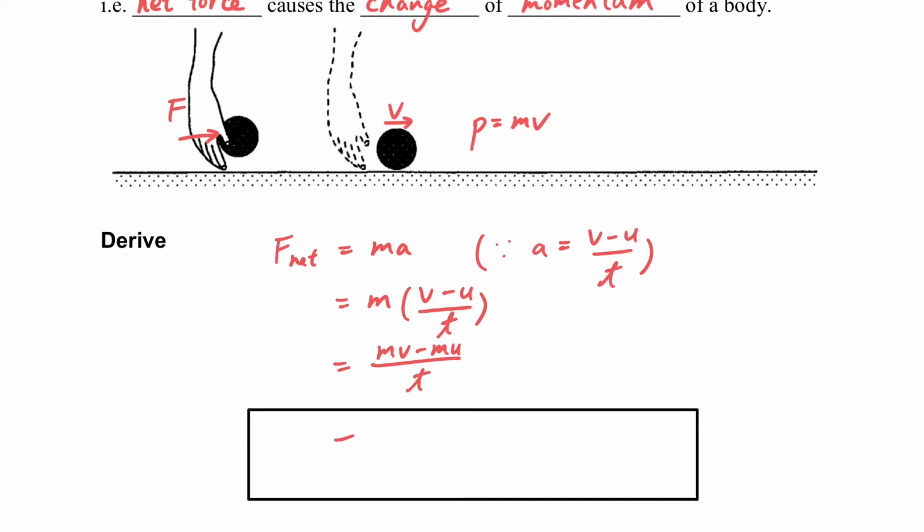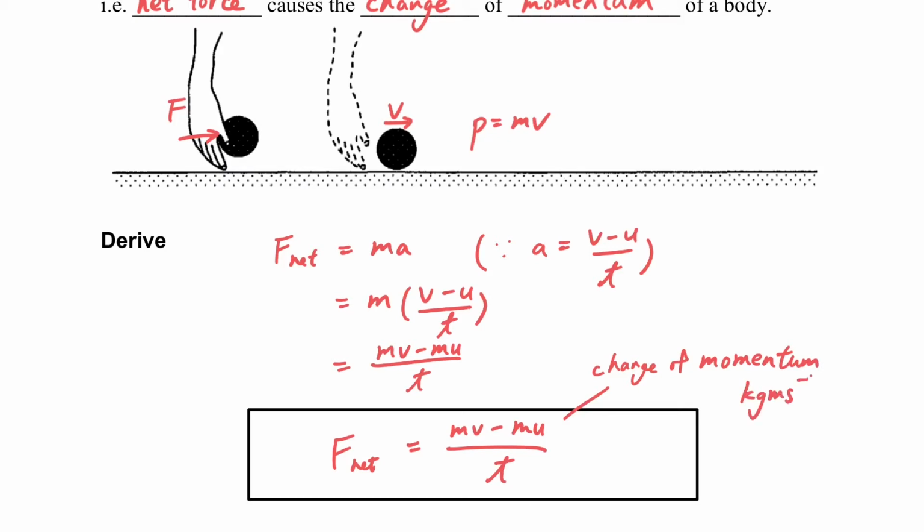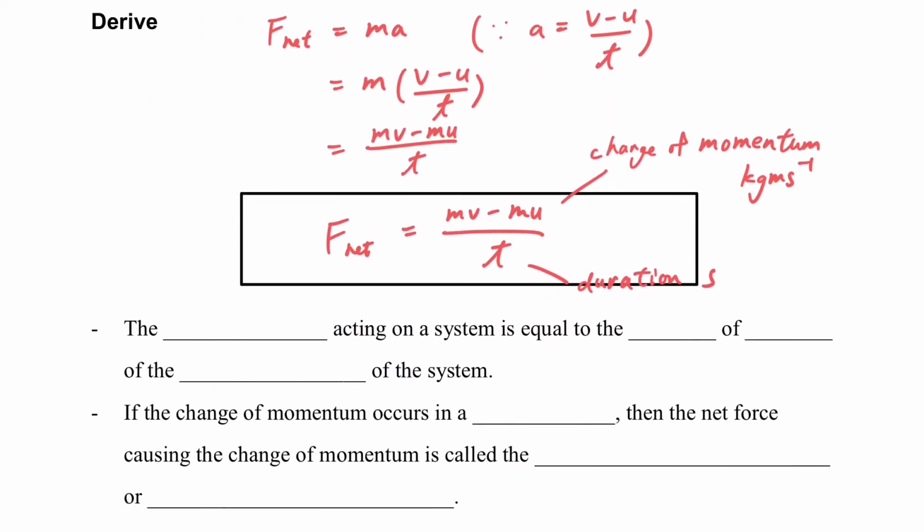And mv minus mu is exactly the change of momentum of an object. If we go back into history, the force is actually derived from the rate of change of momentum. Here we usually learn force first before momentum, but in fact, in history we had momentum first and then came to the force.